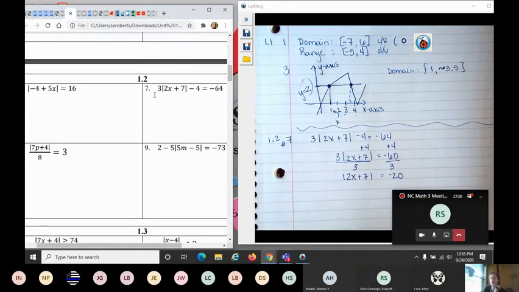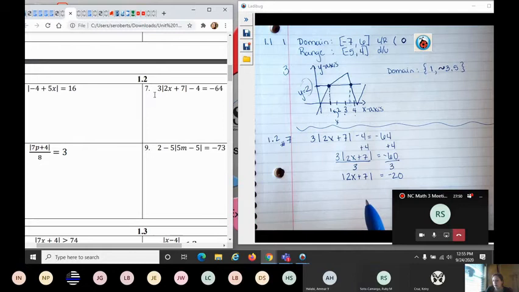Okay, now, Ruby, is this possible? No. Why? What type of outputs does an absolute value have? Are they going to be positive or negative?